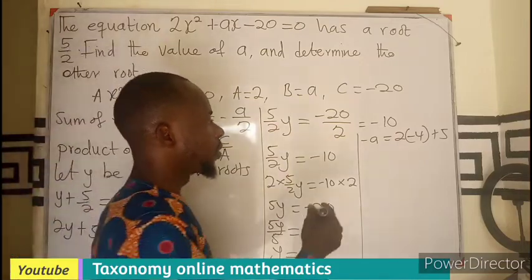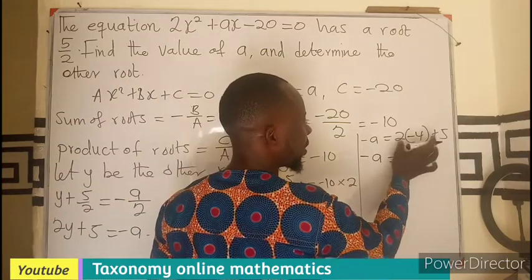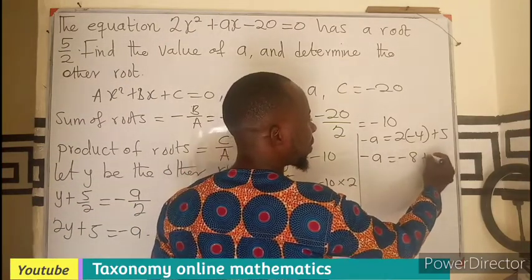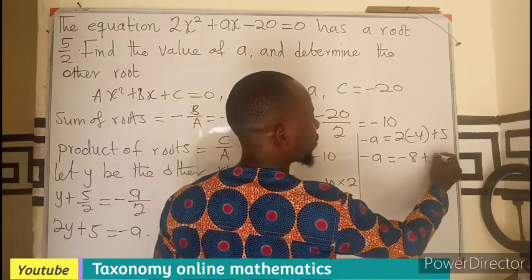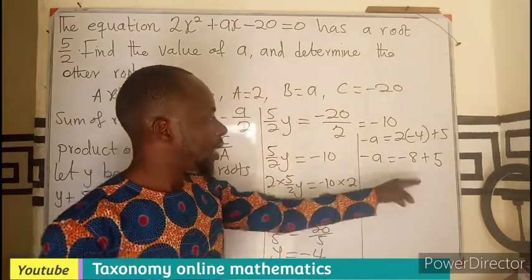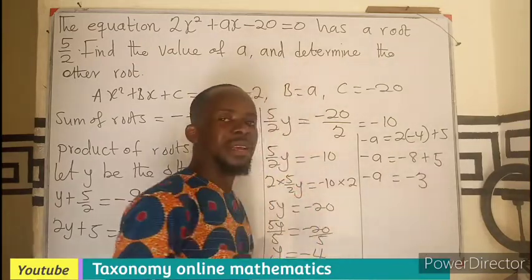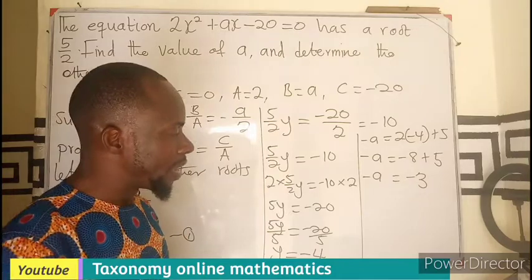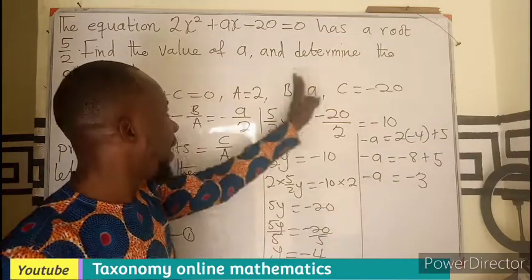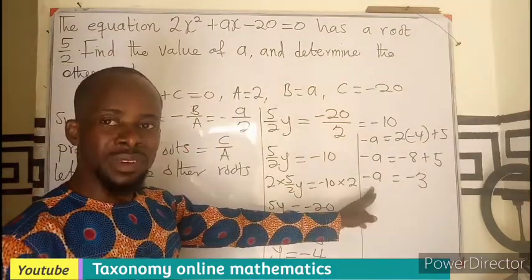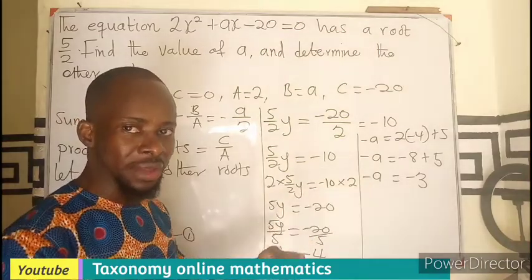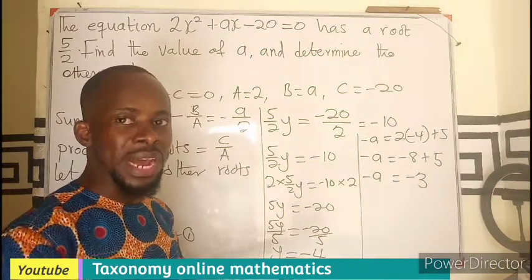So we have minus a, this is going to be minus 8 plus 5, and I believe minus a will give us minus 3. Minus 8 plus 5 is minus 3. We are looking for a as the question states, but not negative a. So we multiply through by negative 1 or divide through by negative 1.